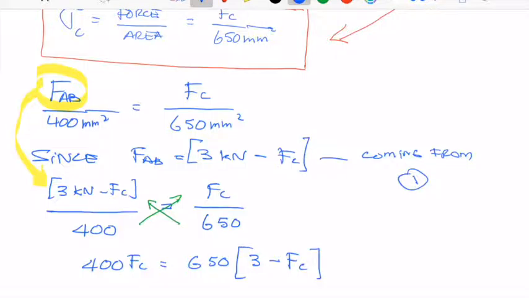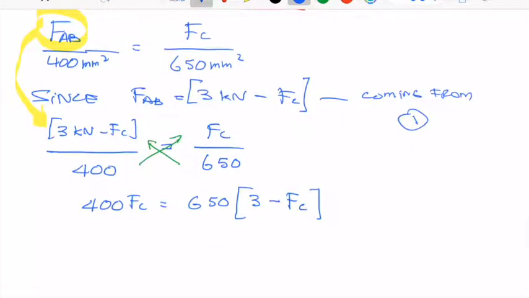I'm just going to omit the units for a while. So I have 400 FC on this side, and I have 650 times 3, that is 1950, minus 650 FC.